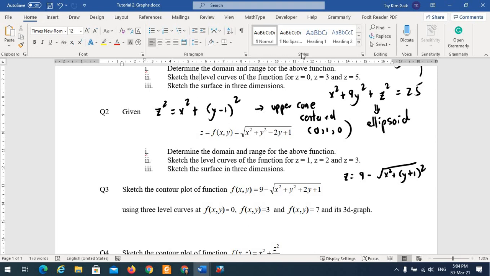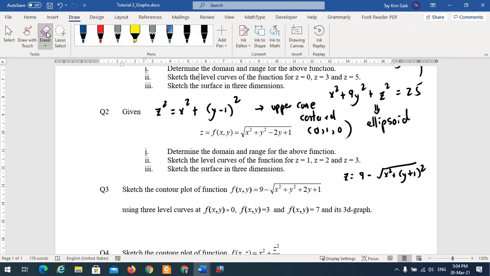First of all, the 9 is actually just a shift upward, so we ignore it first, and then we square both sides, so you have z squared equal x squared plus (y plus 1) squared.